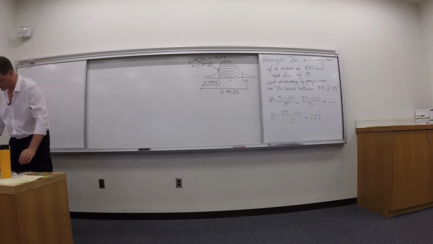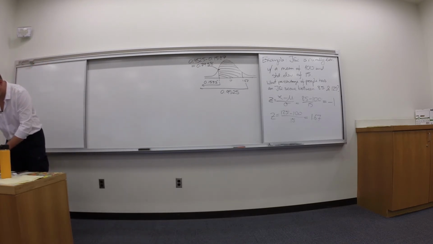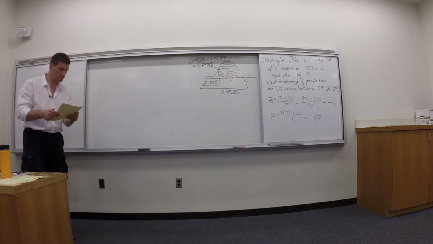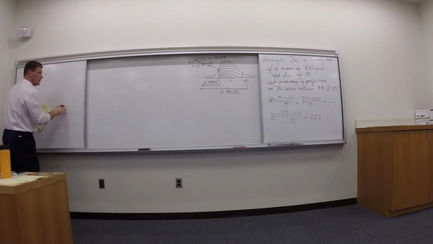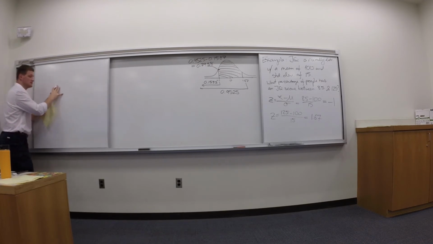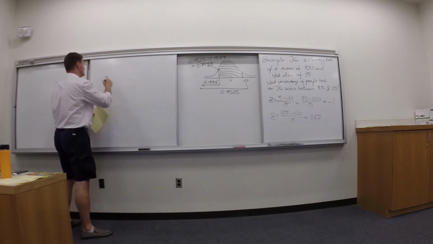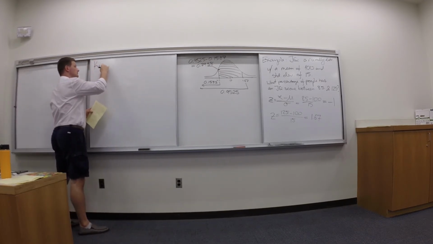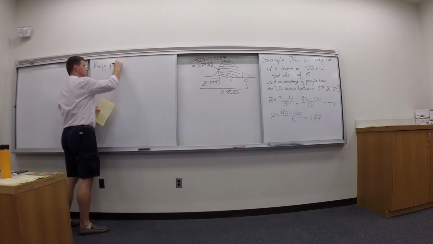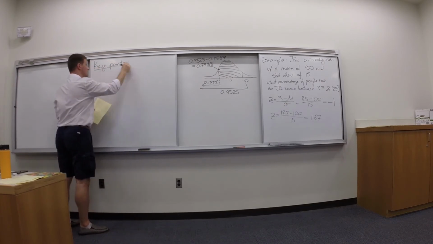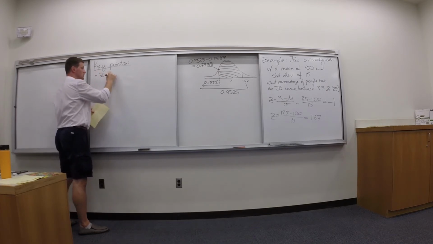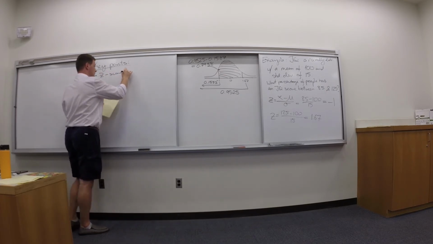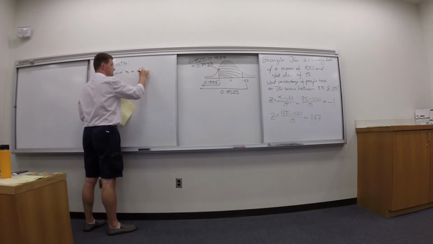Let's see if we can get something harder. All right, before we go there, let's look at some key points that we have covered so far. One, the z-score is a distance.